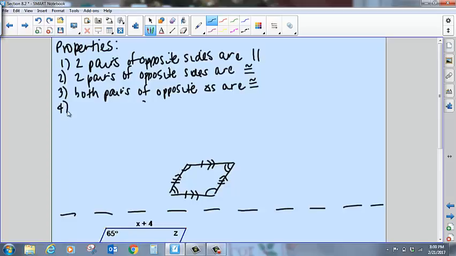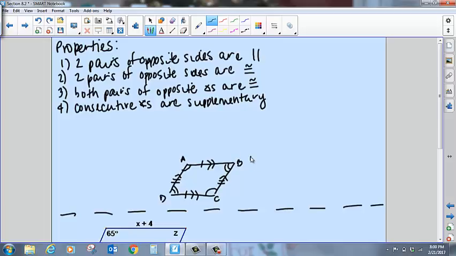Property number 4 is that consecutive angles are supplementary. So if we label our vertices A, B, C, D, and when you label, you should start at one vertex, doesn't matter where, but then go clockwise all the way around. So consecutive angles supplementary. What does that mean?